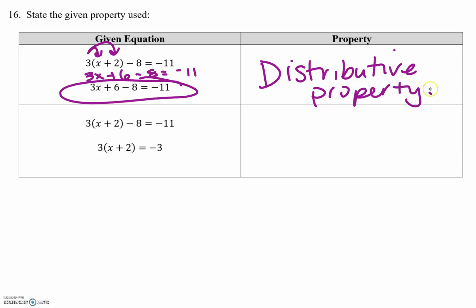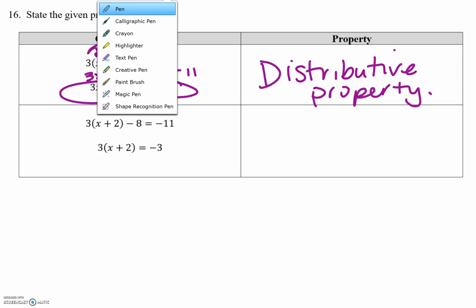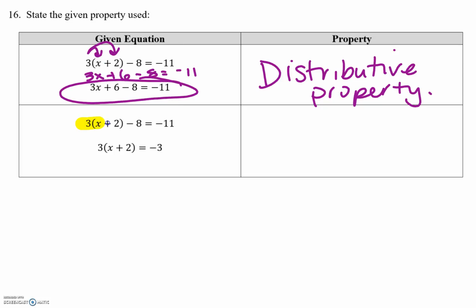And now let's look at the same thing for the next one. So look at this given one and look at the step right after. If we were to take our second step and write it right underneath, what do we notice is missing?